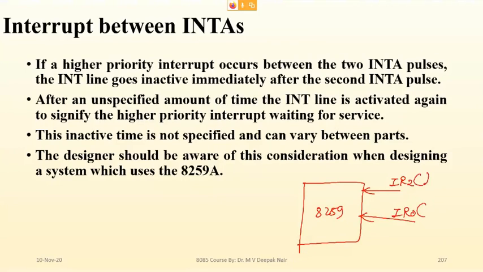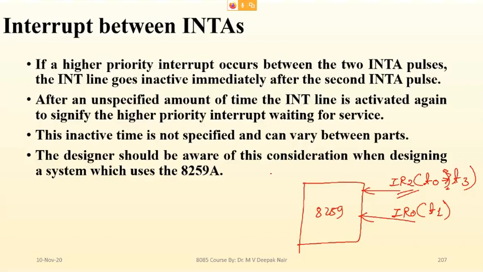So at time t equal to 0, IR2 requested the interrupt, but at time t equal to 1, IR0 came, and suppose this interrupt will take time from t0 to t3. So at t1, IR0 came, which is of higher priority. Now how will the 8259 manage the interrupt, because in between, before the lower priority interrupt could be fully served, the higher priority interrupt came.